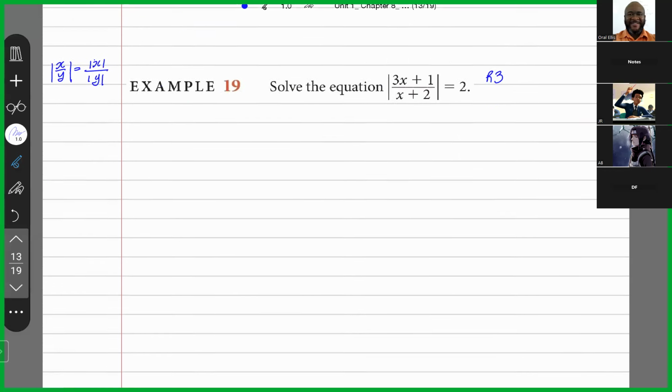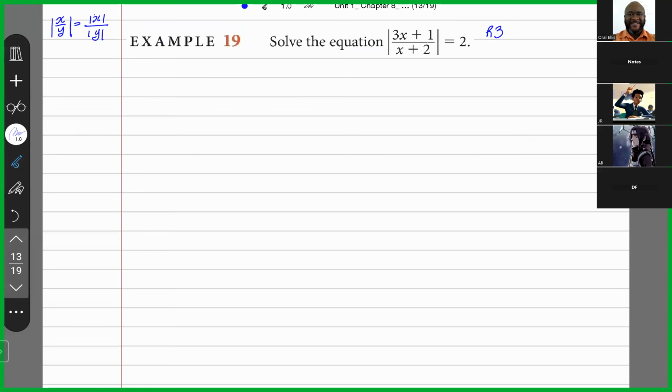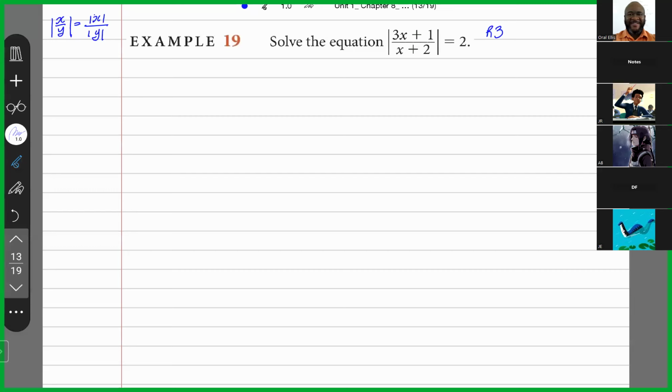All right, example 19. Example 19 says, solve the equation, the mod of 3x plus 1 over x plus 2 is equal to 2. Now, in solving this, as I said, I would use results 3.